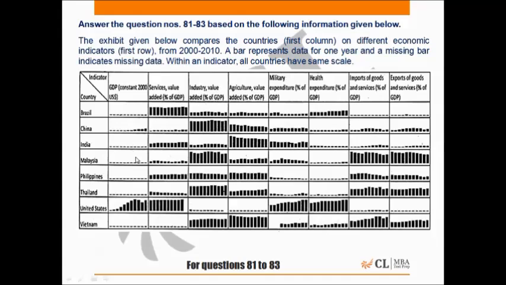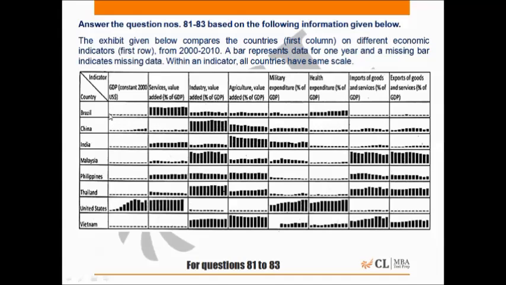So first of all we need to understand what is meant by a bar represents data for 1 year and a missing bar indicates missing data. Like if we see Brazil's GDP in 2000 in US dollar, it is represented by some bar.